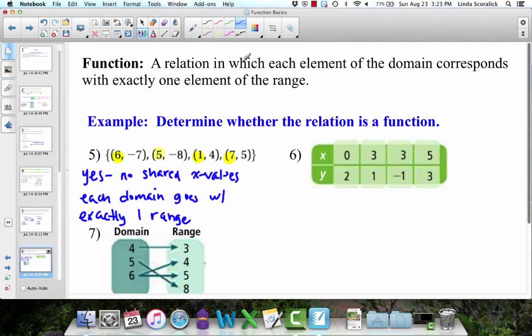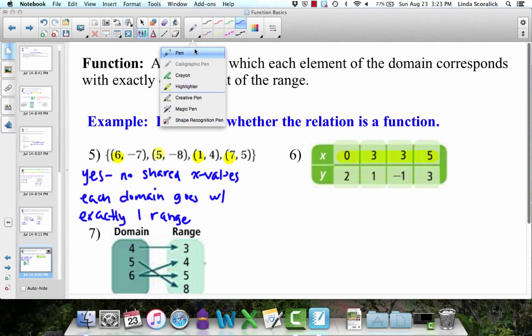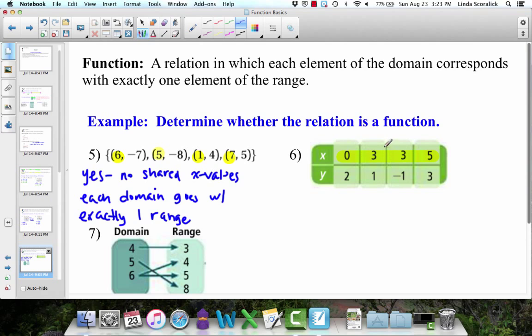How about number 6? Again, let's focus in on those x values. We're looking at these right here. Do we have any x values that are used more than once? We do, right here. What we see here is that the x value of 3 goes to a range value of 1 and a range value of -1. This is not a function.